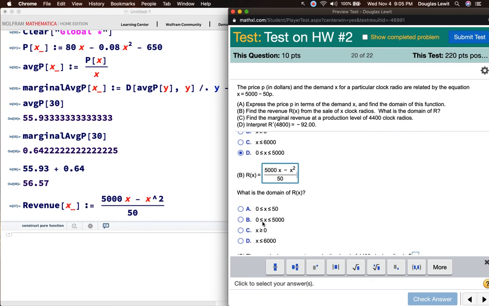It makes sense to assume that the demand should still be between 0 and 5,000, although it is possible for a company to have a negative revenue, which is basically the same as a loss. So this problem is a little bit tricky.